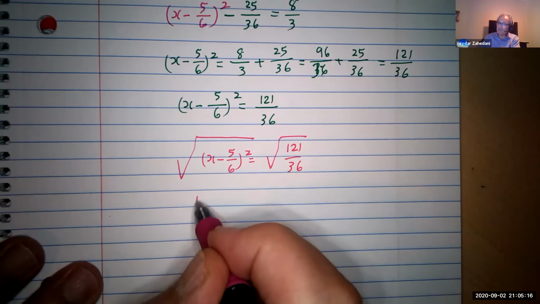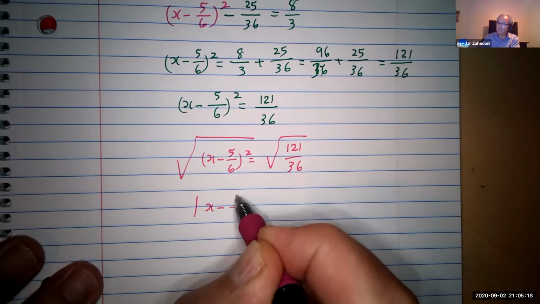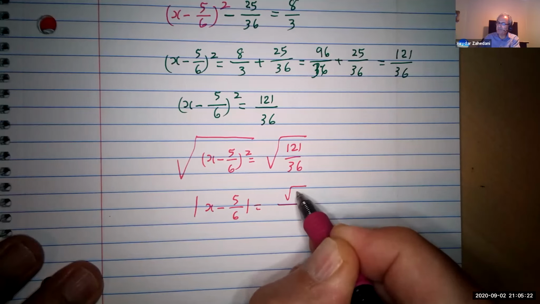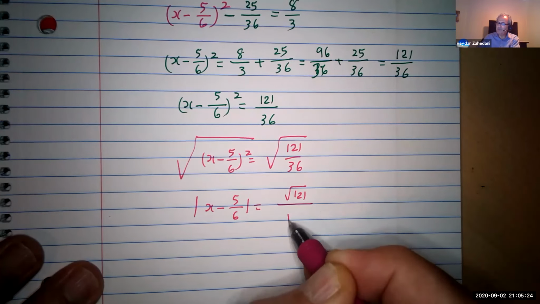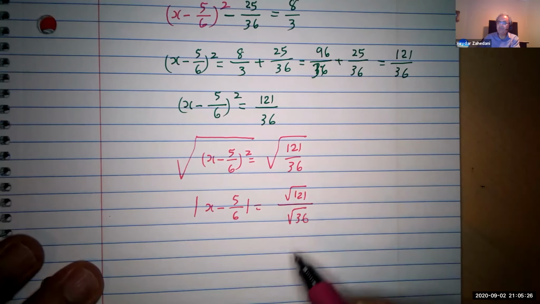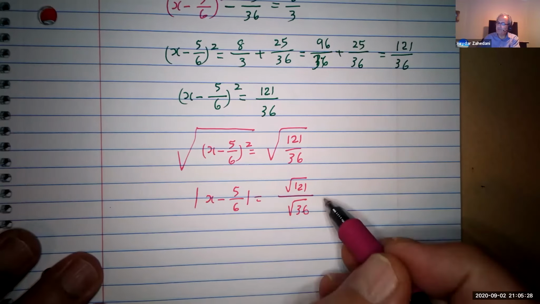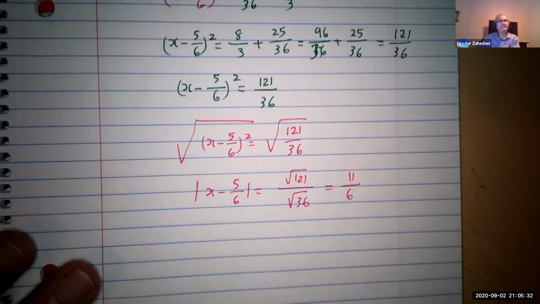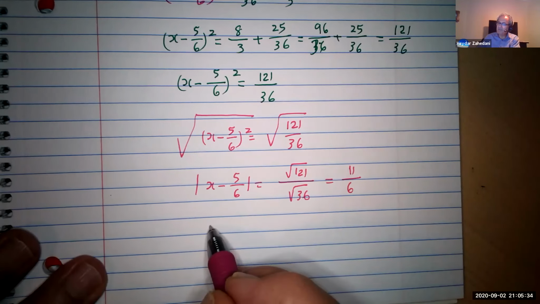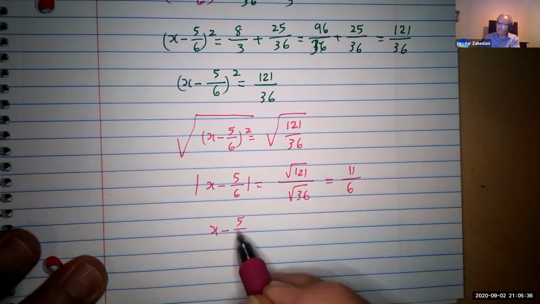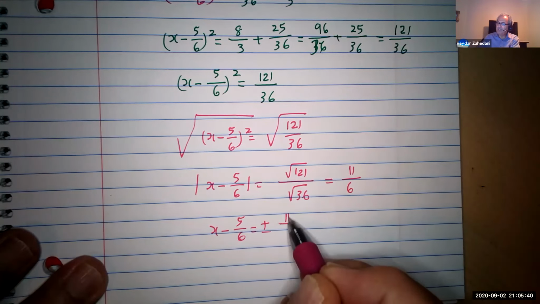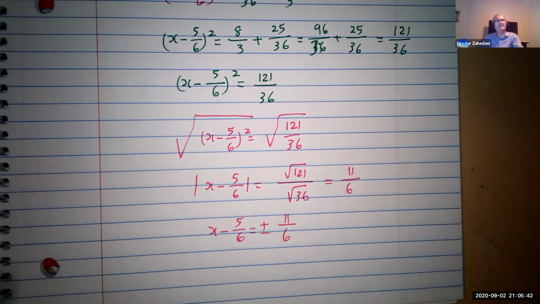This ends up with the absolute value of x minus 5/6, and that would be the square root of the top over the square root of the bottom. The square root of the top would be 11, the bottom would be 6. So x minus 5/6 would be equal to positive or negative 11/6. Any question?